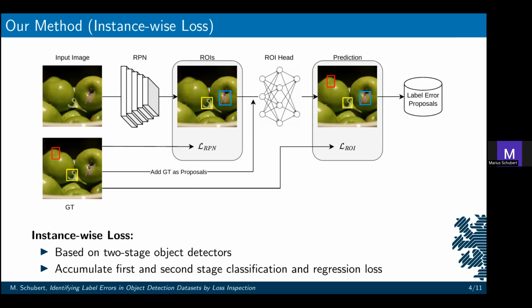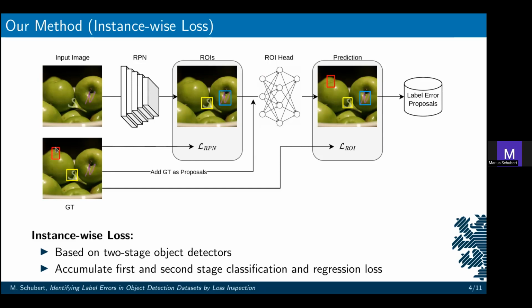So we can find the dropped N. Here we have the input image, here we have our noisy ground truth, and we can find the missing label for N due to a high first stage classification loss, which means the score of the N should be high from the prediction, but there's no ground truth, so we have a high first stage classification loss.